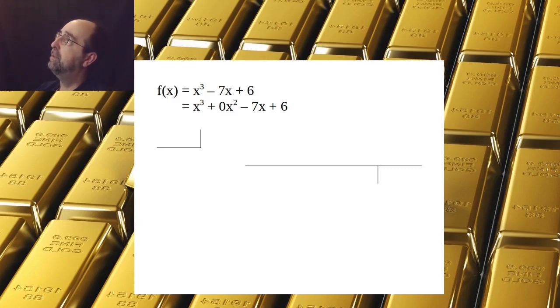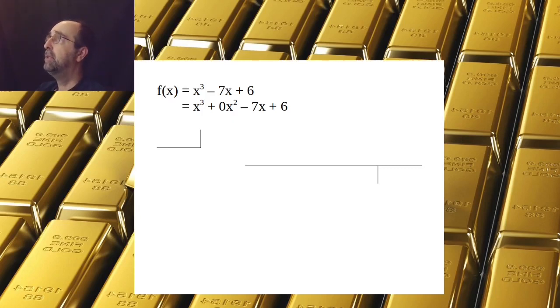In this case, there was no x squared in the original problem. So I created a term that is basically equal to 0. But if we write it as 0x squared, then we can see that the coefficients on this polynomial are going to be 1 on the x to the third power, 0 on x to the second power, negative 7 on x to the first power, and positive 6 for the constant.